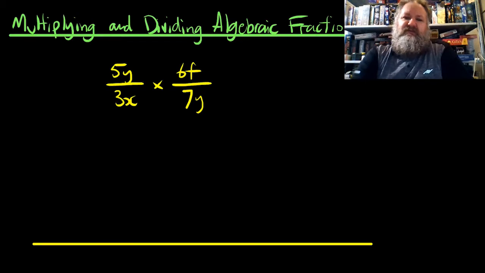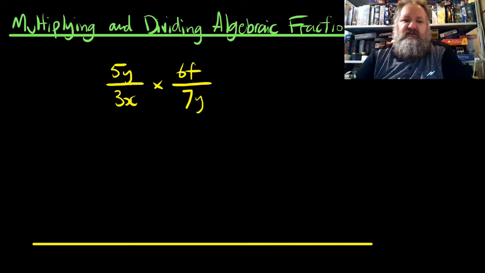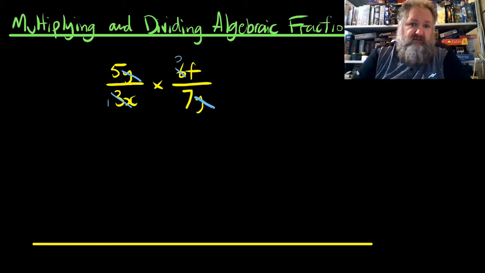Now it's really important in the very first step here to look for opportunities to do some cancelling out of numerators with denominators. For example, this y here will divide into this y here. This 3 can be divided by 3 to leave 1, and this 6 can be divided by 3 to leave 2.